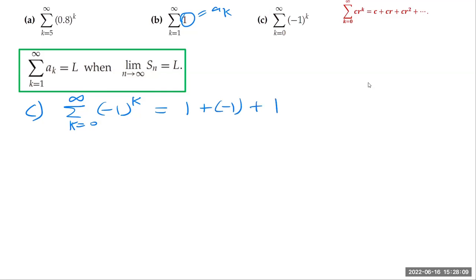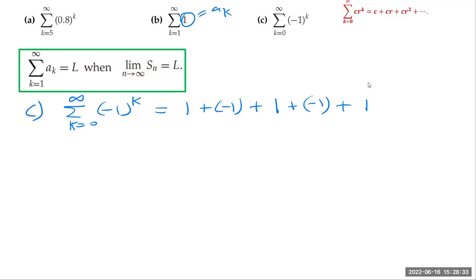The next term will be plus 1 again, because if you put k is equal to 2 here, minus 1 to the power 2 is plus 1. And then minus 1, and then plus 1, and so on and so forth. The plus 1 and minus 1 are alternating: 1 minus 1, 1 minus 1, 1 minus 1, and so on.